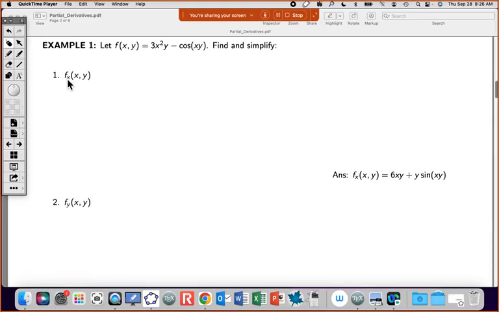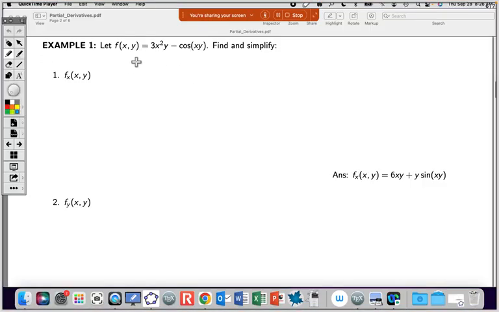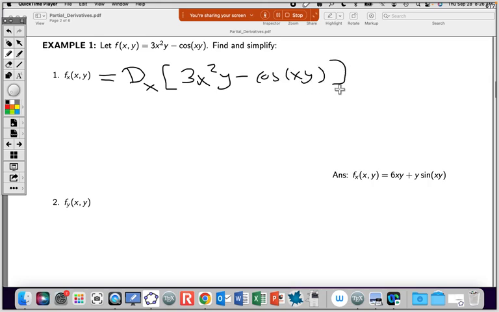We could go through the limit definition, or we could just use what we just mentioned here. Let's see how this works. So fx means we take the derivative with respect to x. Now we're taking a partial derivative with respect to x.